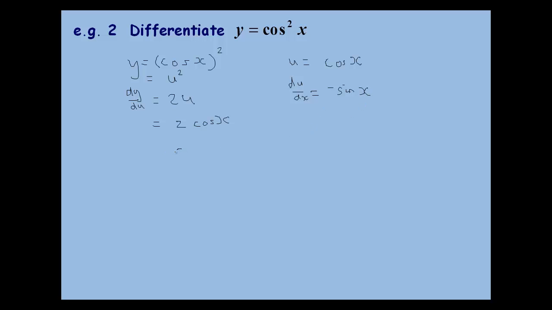Put them together, chain rule, dy/dx equals dy/du times du/dx, which equals, well, dy/du is 2 cos x and du/dx is minus sin x, so we'll put the sin x there and we'll stick the minus right at the front there. Job done.